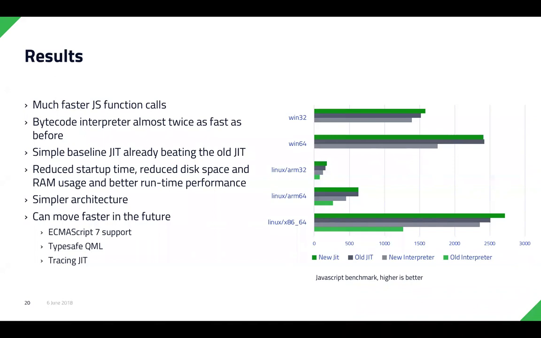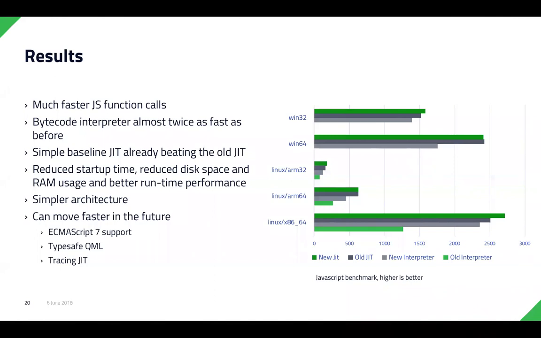On top of that, we added a very simple, what we call a baseline JIT, which was already beating the old JIT in performance on pretty much all our platforms, or at least is equal to it. And it's a very simple one, something that we can work on now in the future and improve further. The startup time is reduced significantly, and since the bytecode format is much more compact than the generated JIT code, our QML cache files are much smaller than before.